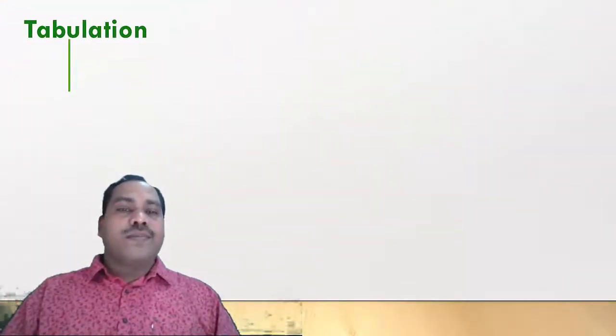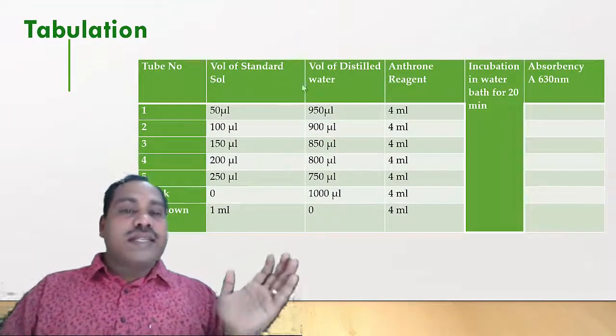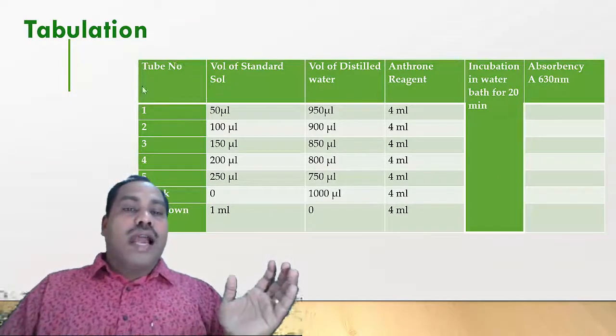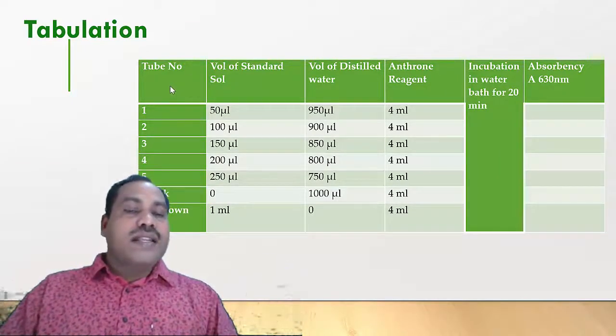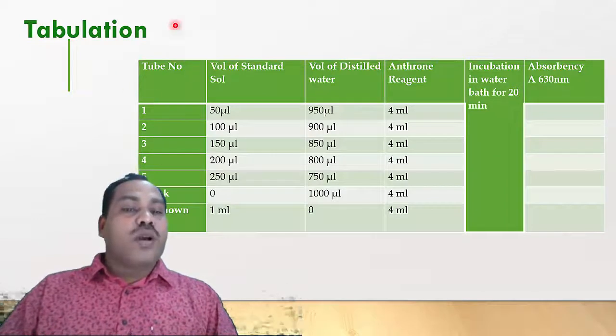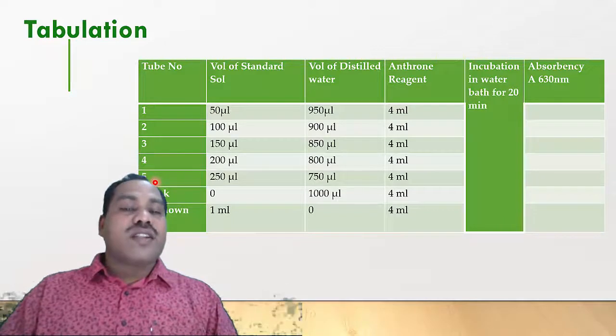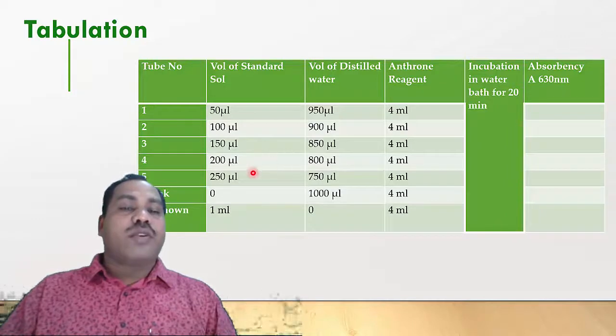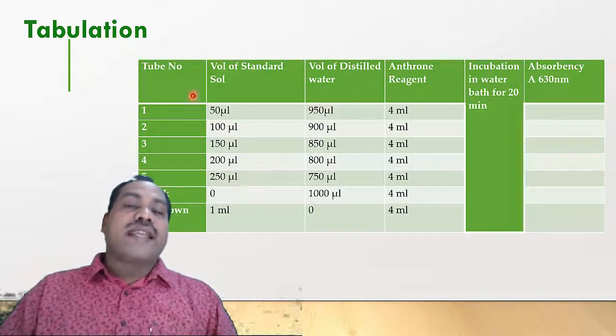Then the tabulation. In this, the first column is the tube number: 1, 2, 3, 4, 5 containing the standard solution, then one blank and another unknown sample. Then the volume of the standard solutions: 50 microliter, 100 microliter, 150 microliter, 200 microliter, and 250 microliter, taken as a gradient of sugar solutions of known concentration.